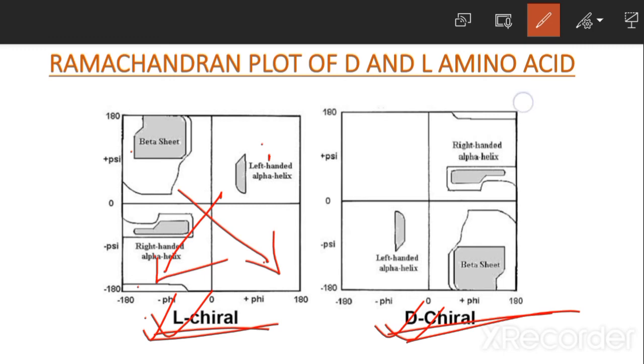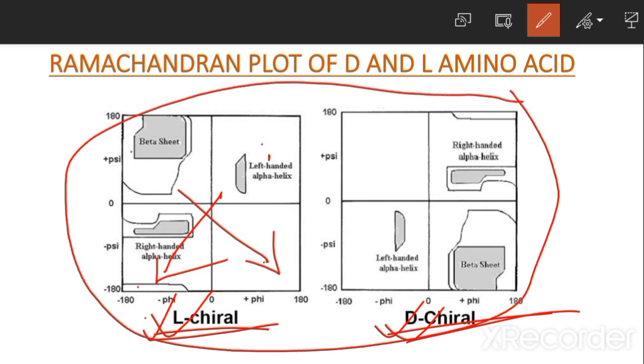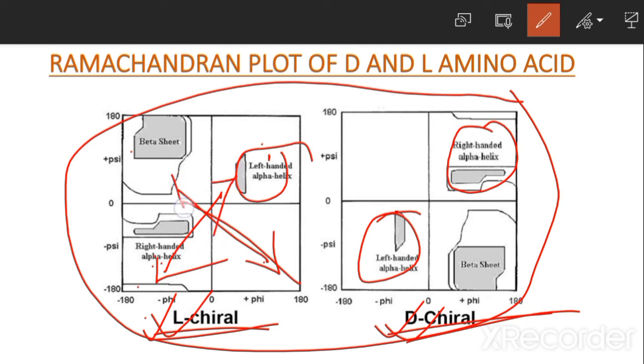So overall, right-handed comes here and left-handed here. You cross it in this way to the opposite side, and this is D chiral.